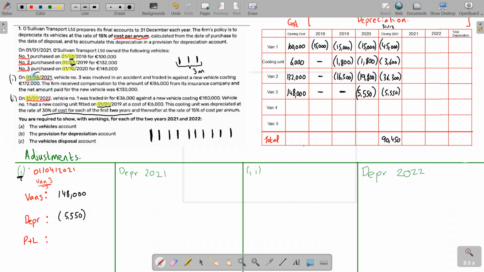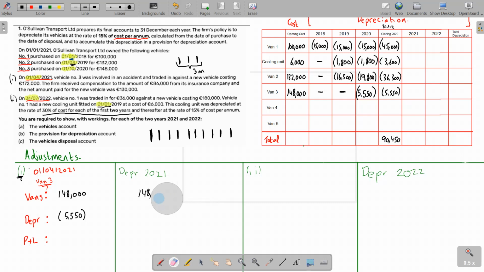And there's also 3 months for 2021. We sold it on the 1st of the 4th, 2021. So again, what we'd have to do is look at 148,000 at 15% at 3/12, which is exactly what we did for 2020, 5,550.